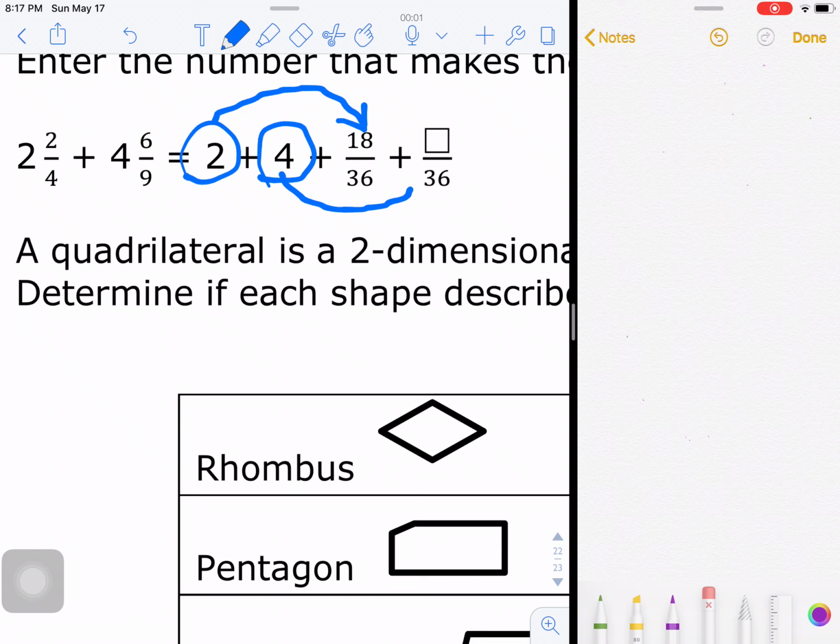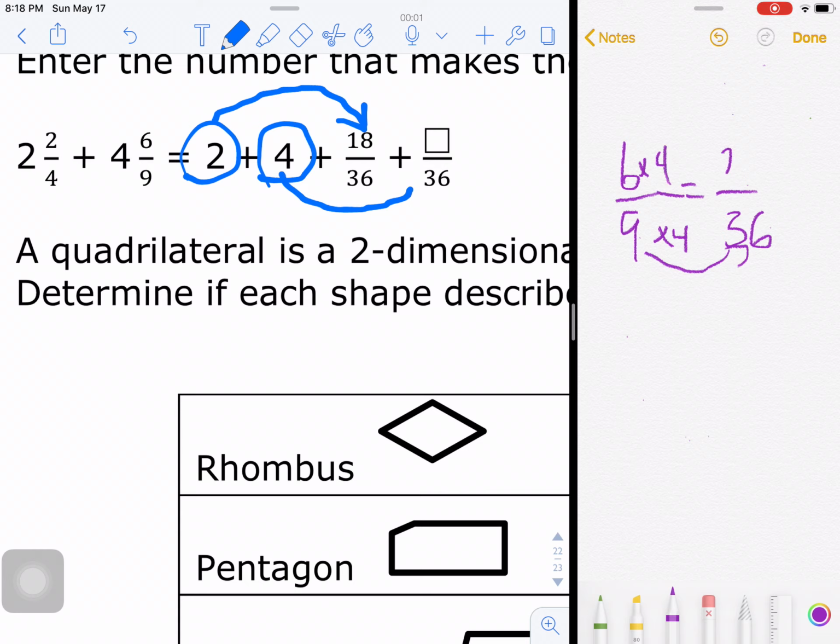So I have to determine 6/9 is how many 36? And the question, I always start with what I am given. I'm given 9 and 36. And I would ask myself, how do I get from 9 to 36? Well, I multiply by 4. And I would also have to multiply this by 4 because 4 fourths is equal to 1.